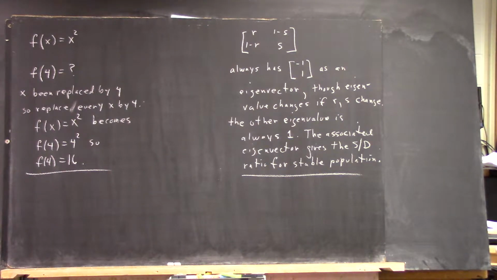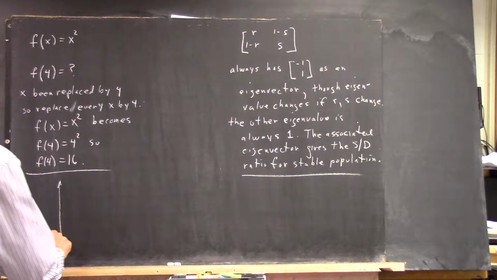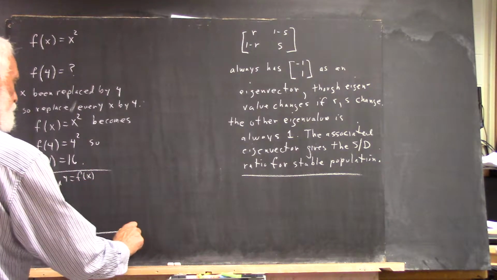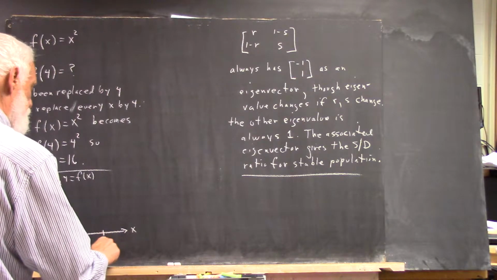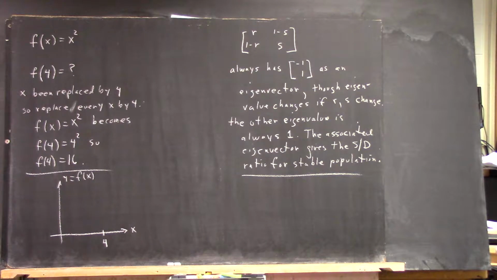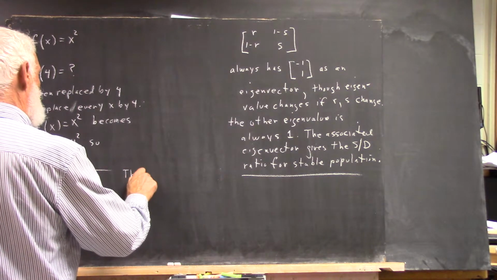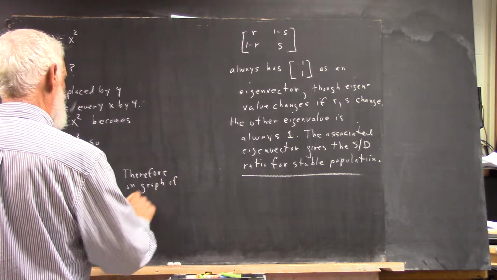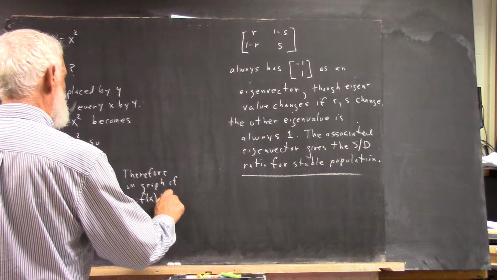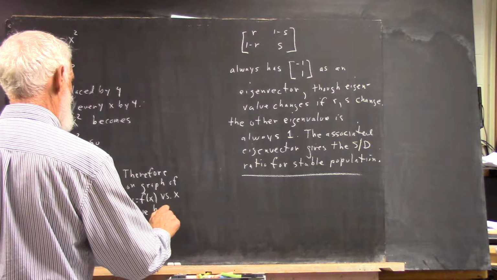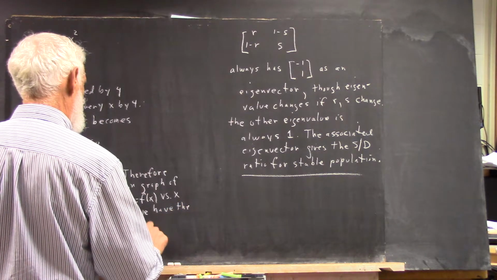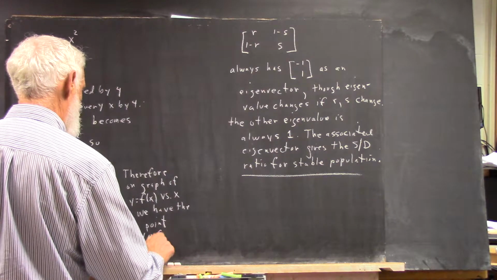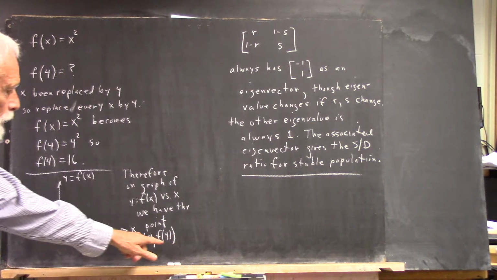That makes sense? So now if we're trying to do a graph of this function f of x versus x, I say, therefore, on a graph of y equals f of x versus x, we have the point, and I'm going to write it this way, for f of 4.